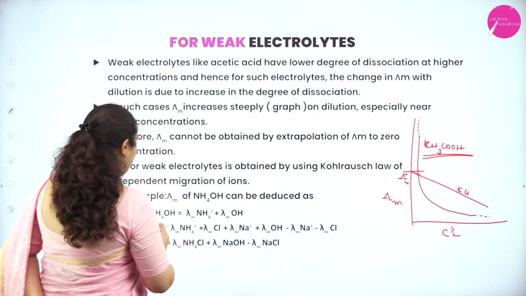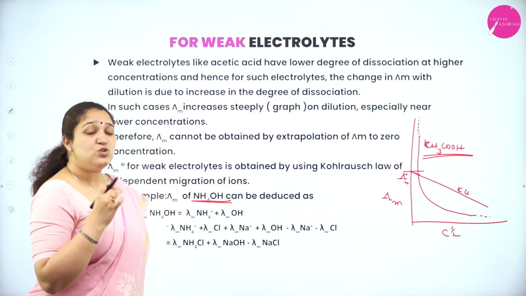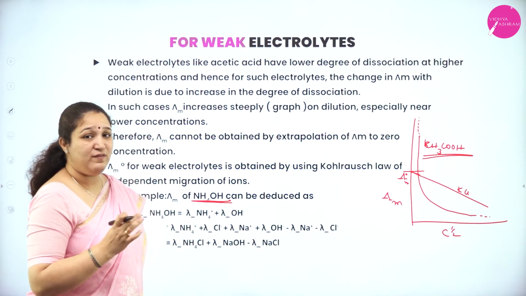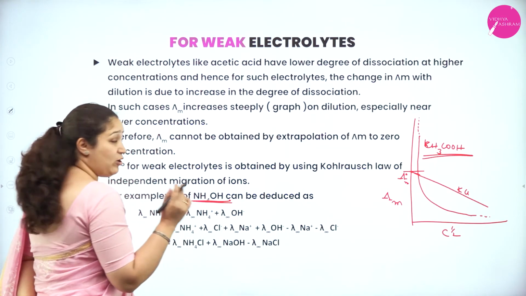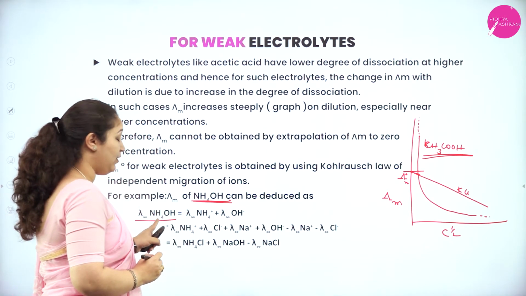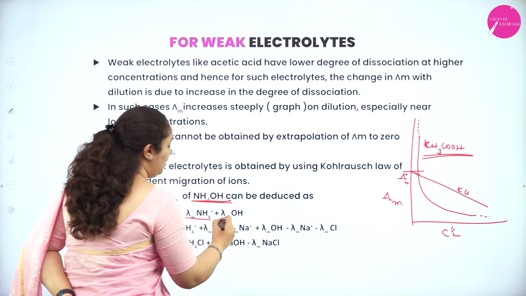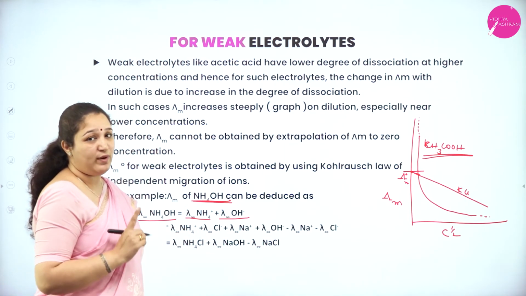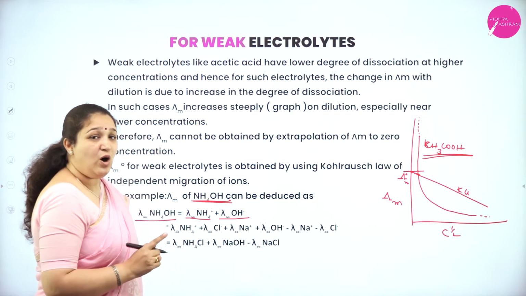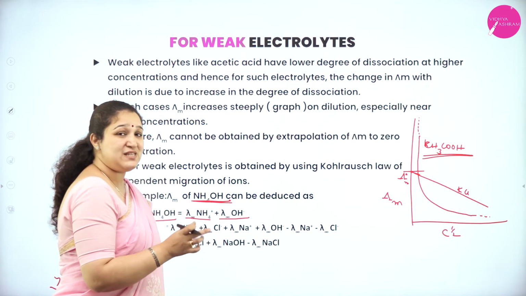I'll take an example of ammonium hydroxide. Ammonium hydroxide is a weak electrolyte. But according to Kohlrausch law, the limiting molar conductivity of ammonium hydroxide is the molar conductivity of ammonium ion plus the molar conductivity of OH- ion. Now, how can I get the molar conductivity of NH4+ and OH-?